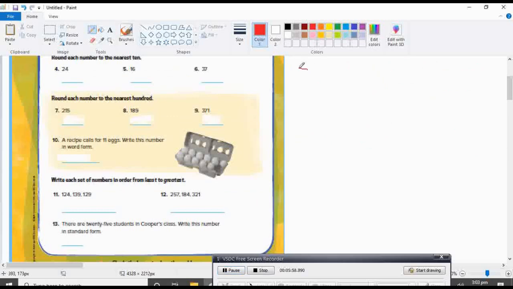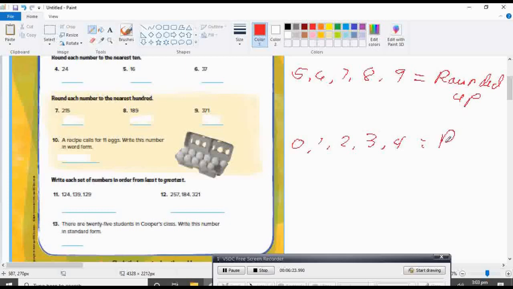Rounding numbers. In rounding numbers, you have to remember that if the next number to the rounded number is from 5, 6, 7, 8, and 9, the number being rounded will be rounded up. Okay? Rounded up. If the next digit to the rounding number is from 0, 1, 2, 3, and 4, the number will be rounded down.